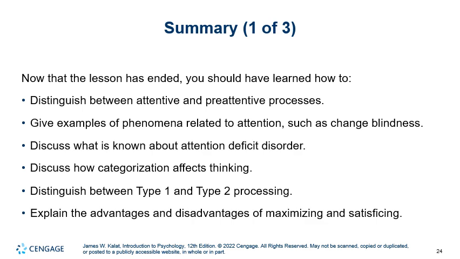I'm hoping that at this point you know what attention deficit disorder is. We talked a lot about categorization and the effects it has on thinking. You should now know the differences between type 1 and type 2 processing, as well as explain the different advantages and disadvantages we might see when we're talking about maximizing and satisficing.